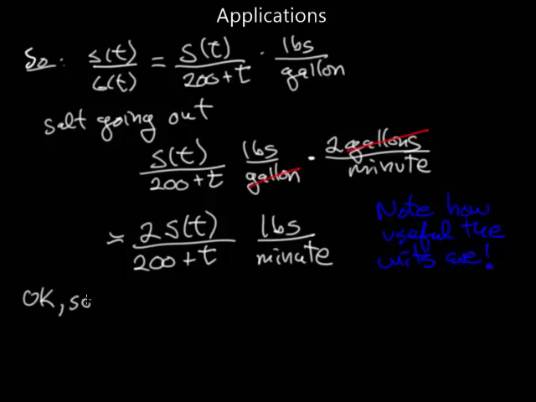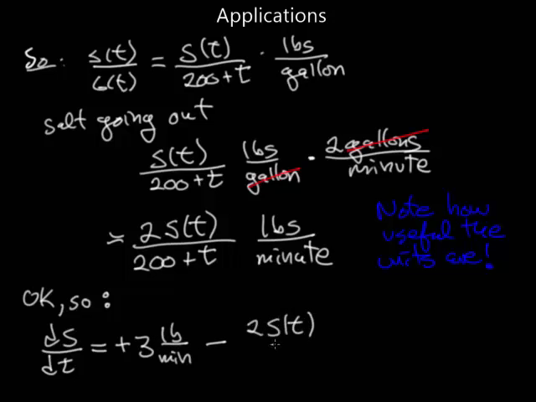Okay, so what does that mean? What's the rate of change of the amount of salt? Well, there's a plus term, which is this 3 pounds per minute that's being added, and there's a minus term, which is this minus 2S of t over 200 plus t. And there you go.